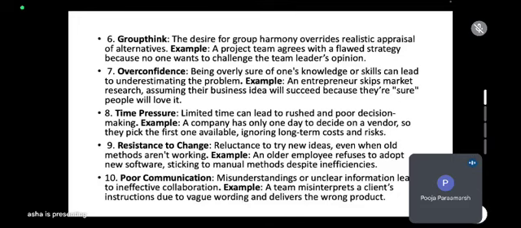You should never do that. For example, a company has only one day to decide on a vendor, so they pick the first available vendor, ignoring the long term, cost and risk. So what happens? The productivity, the profit, everything goes down for the company.